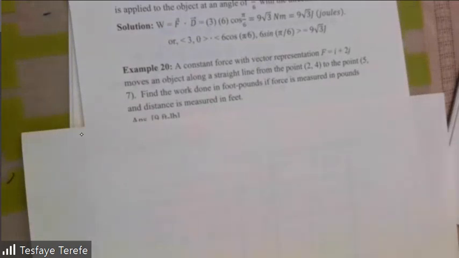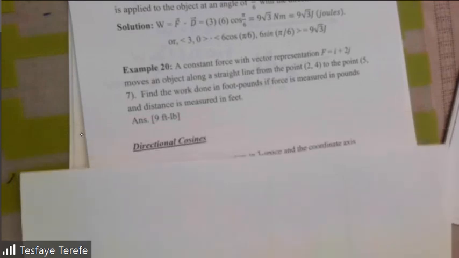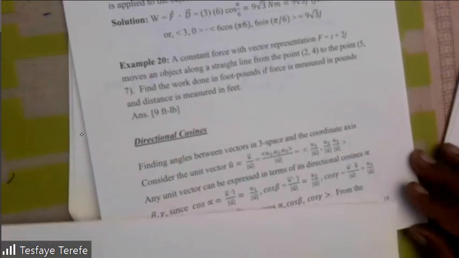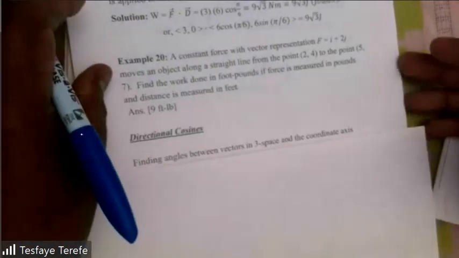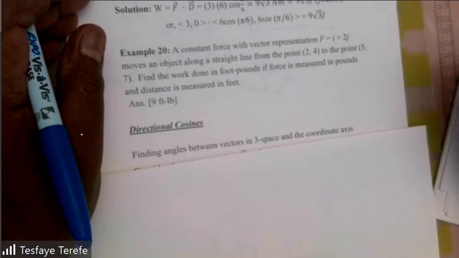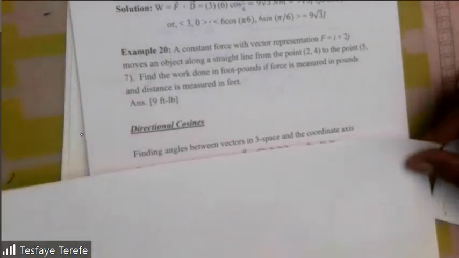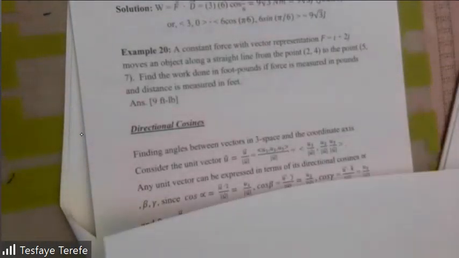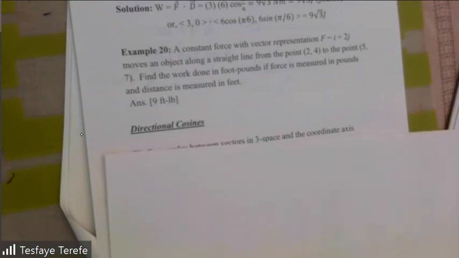Therefore, given two points, the displacement vector is from 5 you subtract 2 and from 7 you subtract 4, that is (3,3). And then you multiply that by (1,2), and you get 9 foot-pounds.